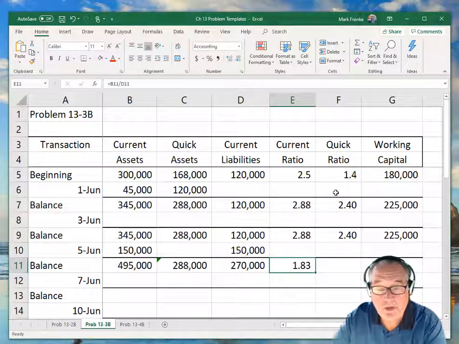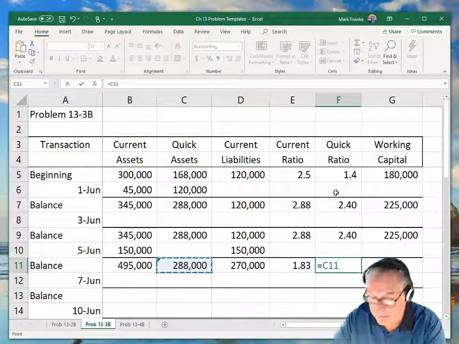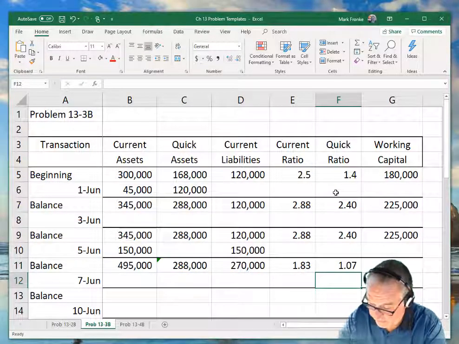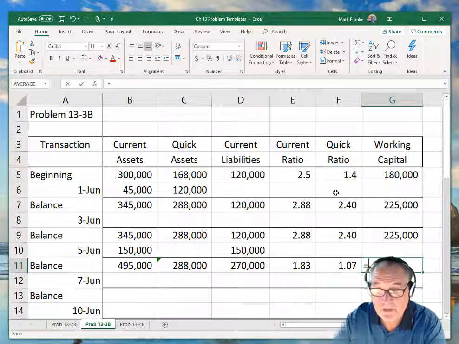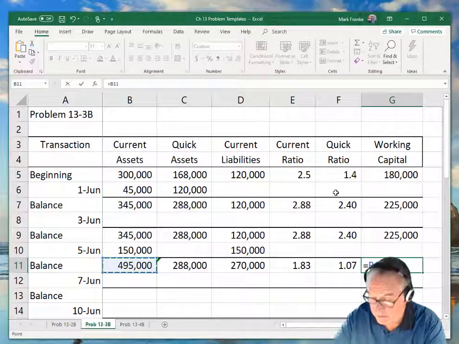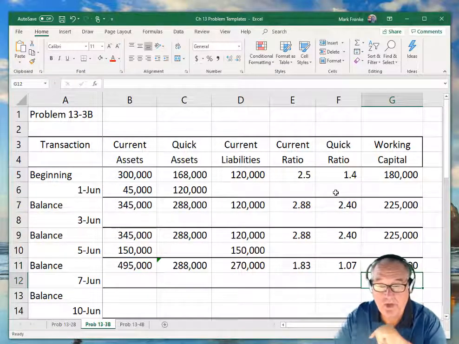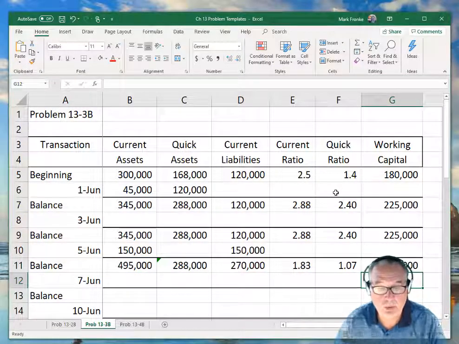Current liabilities went up to $270, so our current ratio is 1.83. Our quick ratio dropped to 1.07, and our working capital stayed the same because current assets and current liabilities both went up by the same amount.